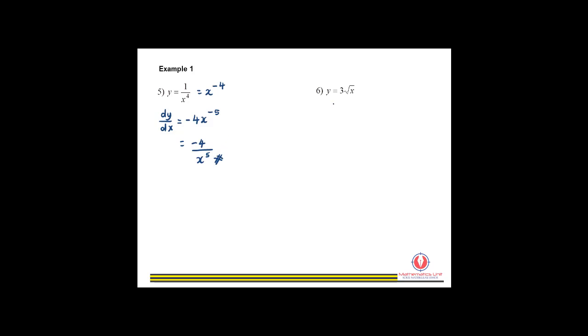Number 6, if we have y equal to 3 times square root of x. So firstly, you need to change our square root of x in index form. So 3x power of 1 over 2. Then we can differentiate. Then dy over dx is equal to, so 3 times our n is 1 over 2 times with 1 over 2, x power of 1 over 2 minus with 1.